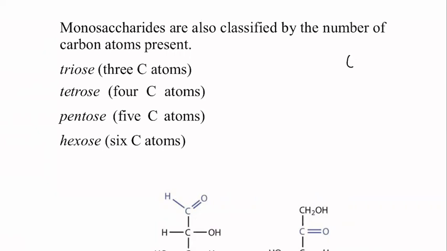So what would you suspect is the name for a 7 carbon atom monosaccharide? We use the prefix and we end it with O's. Great job in the chat. Heptose.